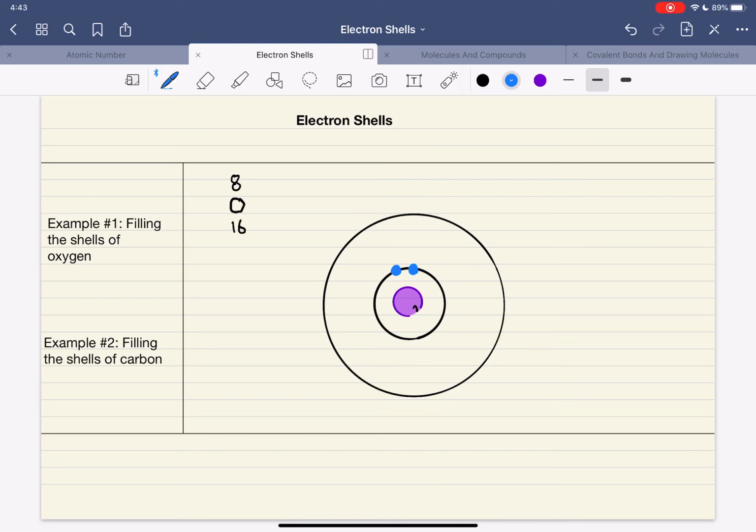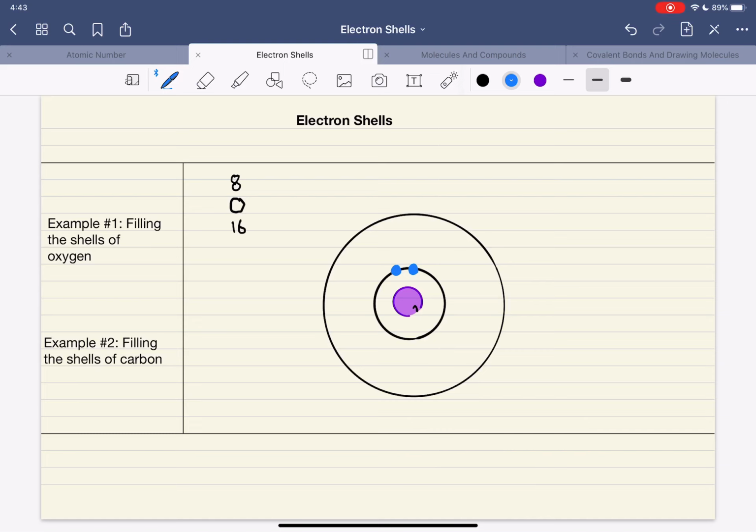And the way you do it is you treat this shell like it has four corners, kind of like a compass, like north, south, east, and west. And you place electrons at each of those four corners first, before you start to pair them together to get to a total of 8. So let me show you what I'm talking about.